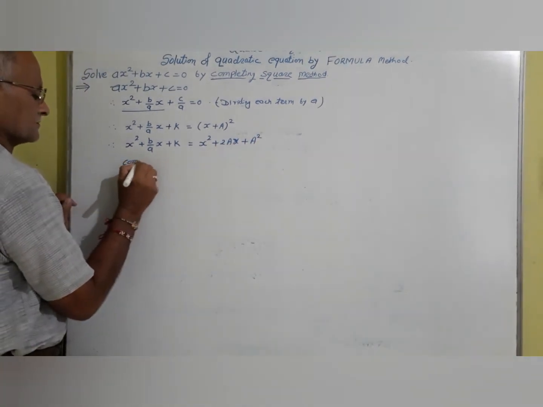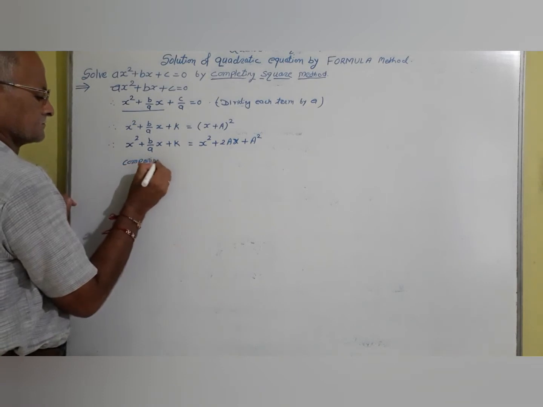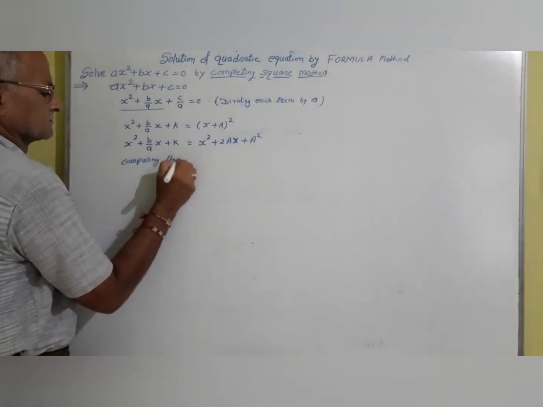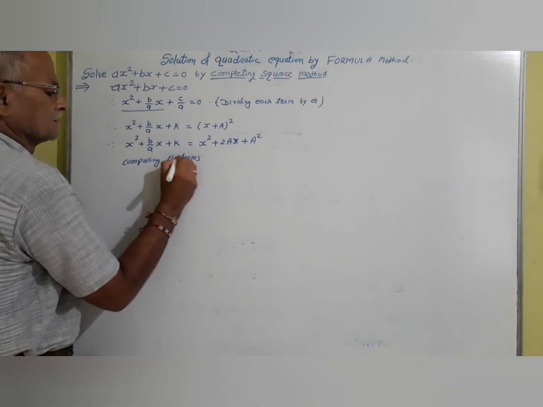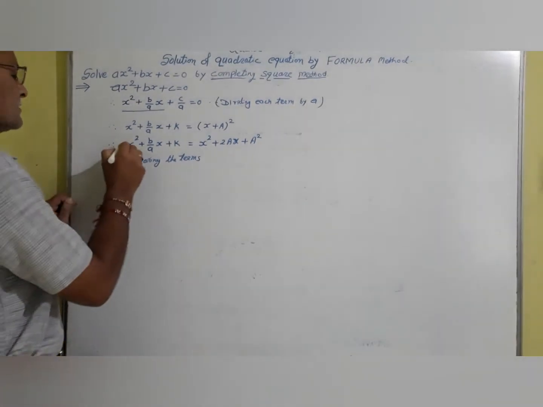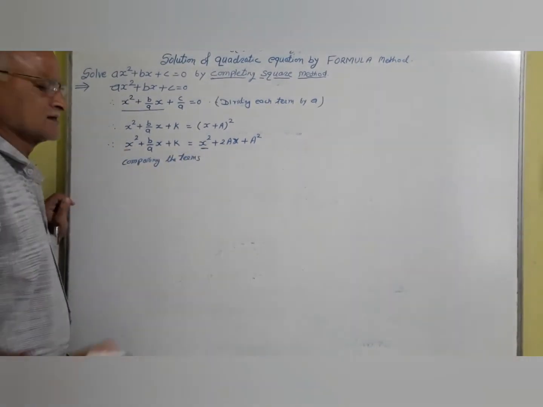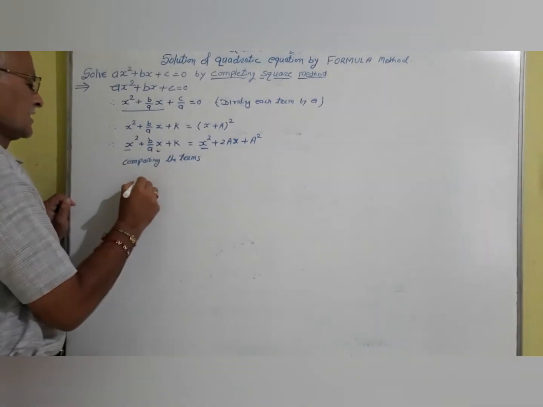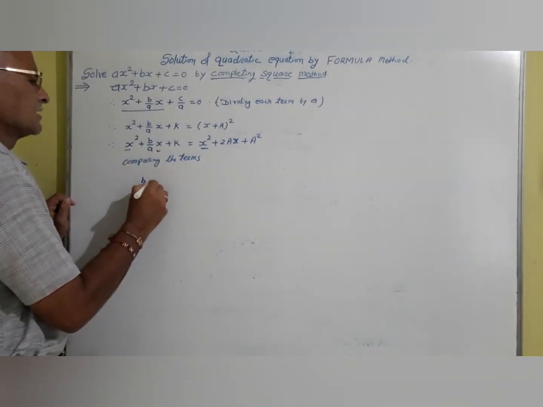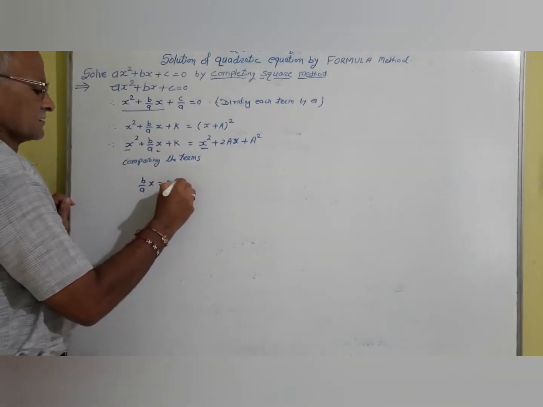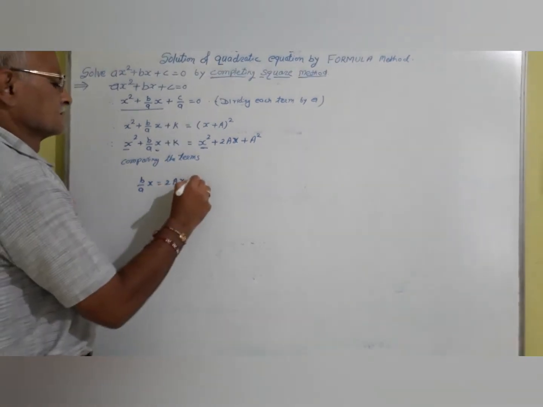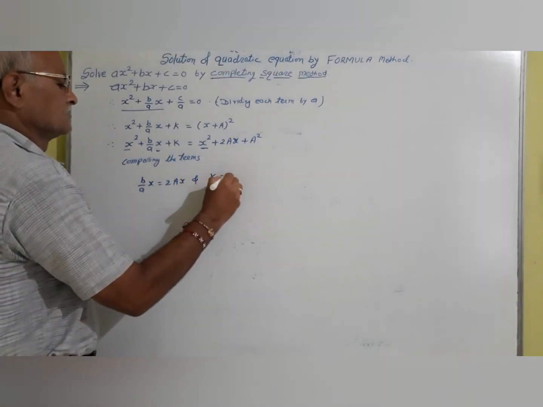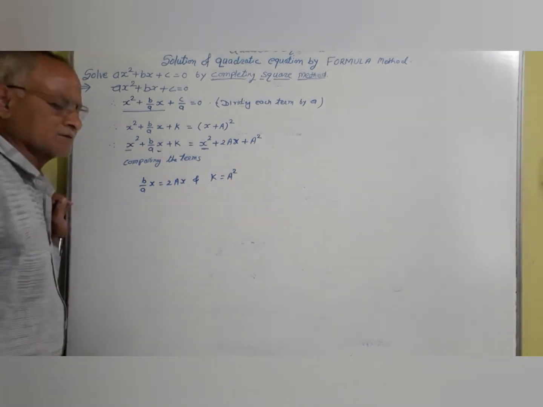Now comparing the terms. Now this x square becomes cancelled. b upon ax is equal to twice ax and k is equal to a square.